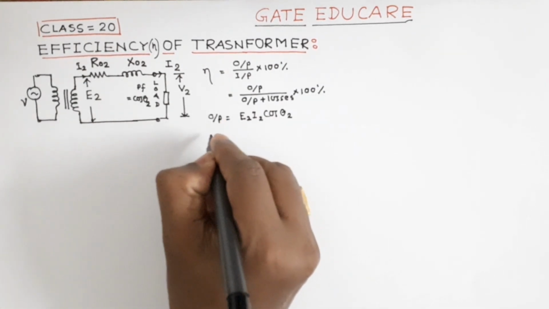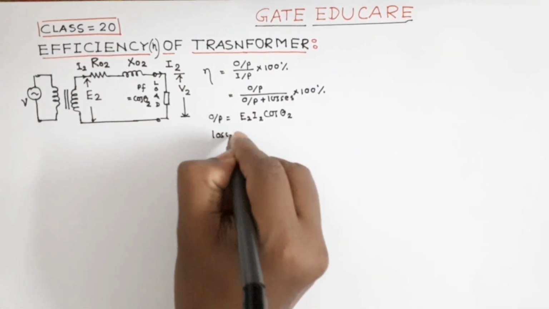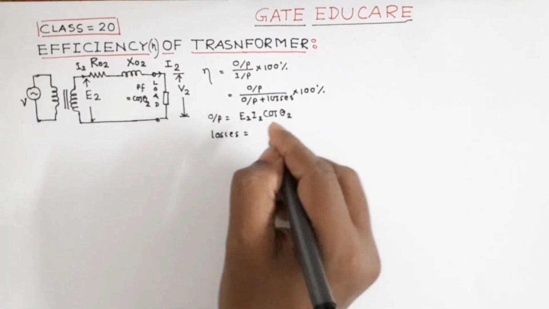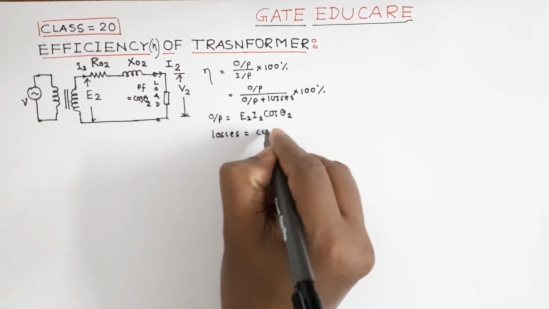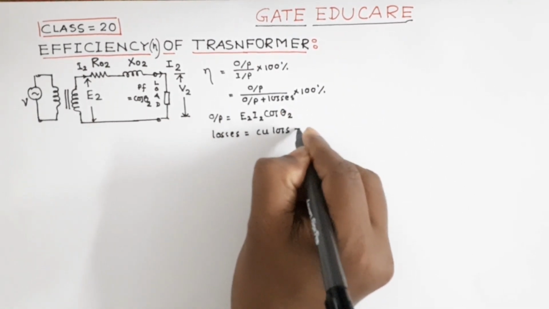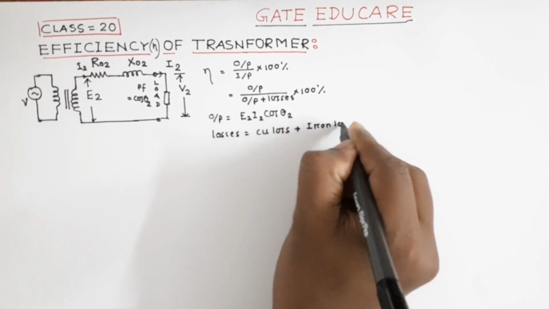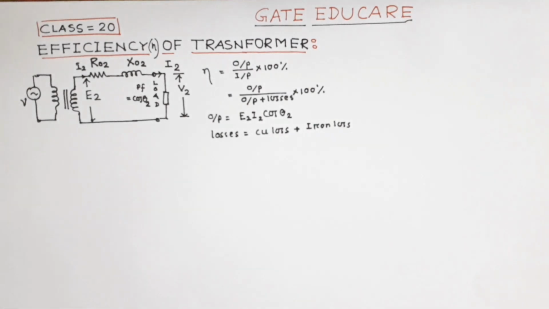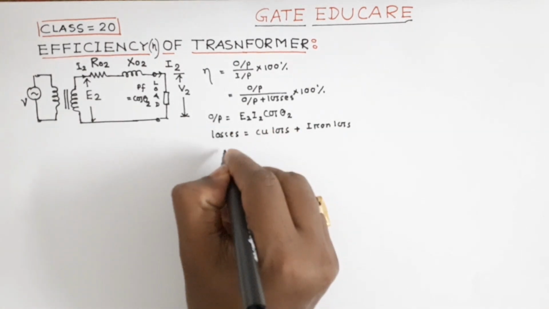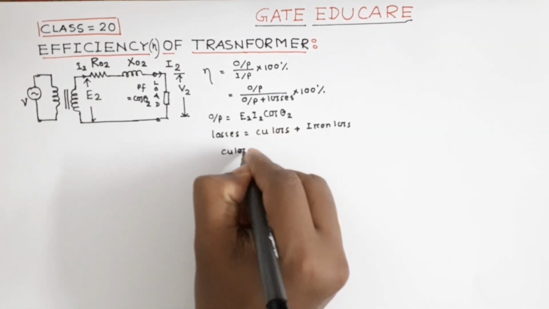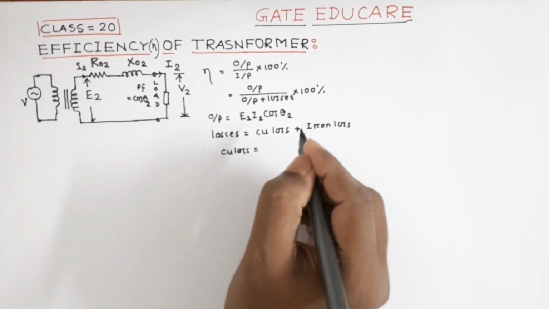And the losses: generally, there are two types of losses. One is the copper loss and the other is the iron loss. The copper loss is given by I square R loss.